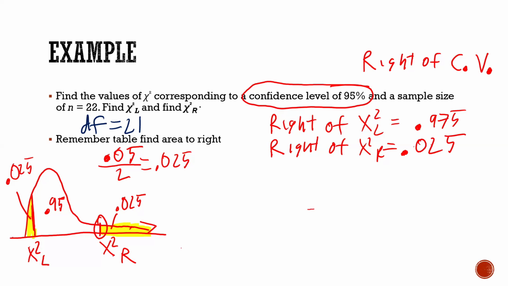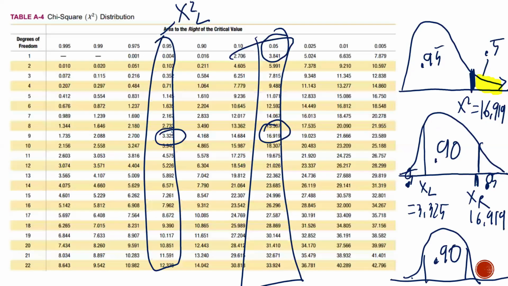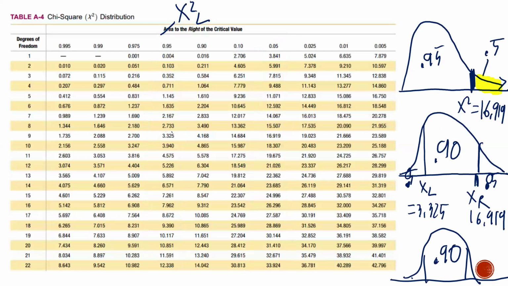Okay, so n is 22. So what's our number of degrees of freedom, everybody, just before we go there? 21, right? So let's look at the part of our table that's 21 degrees of freedom.